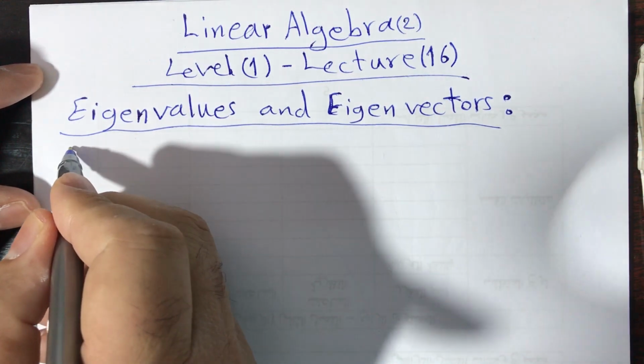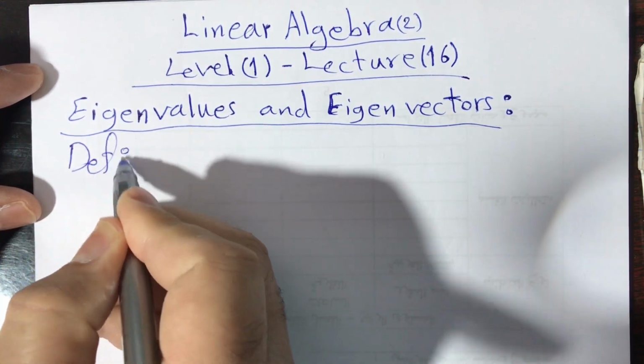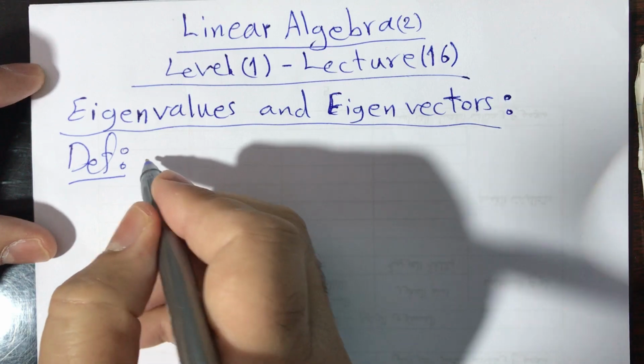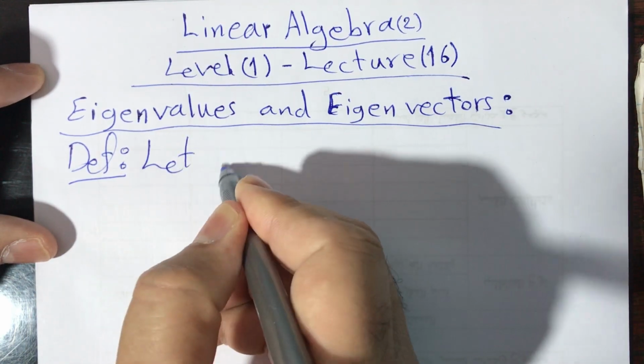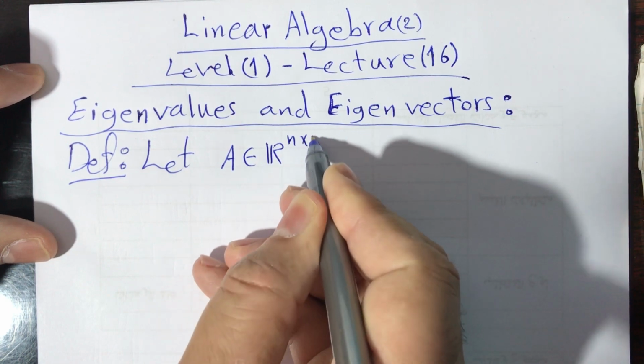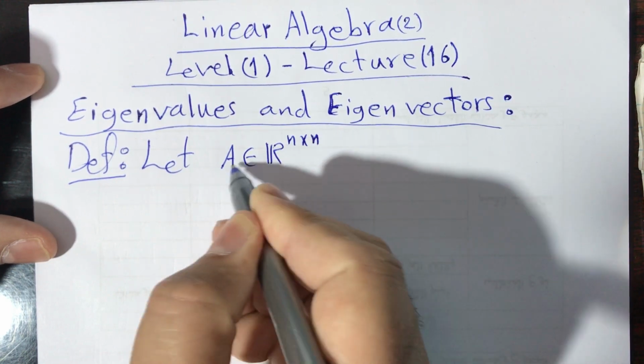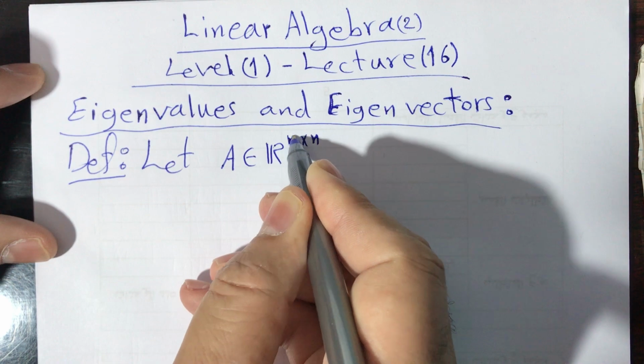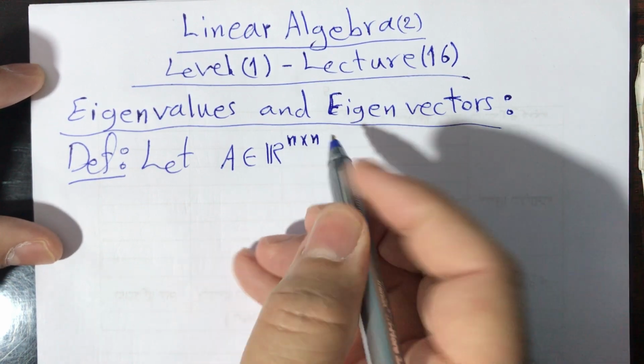First we take the definition. Let A belong to R n times n; A must be a square matrix.